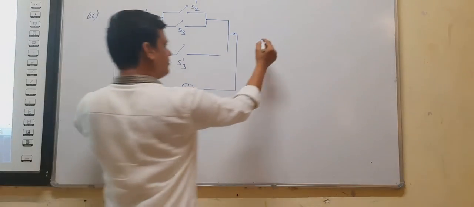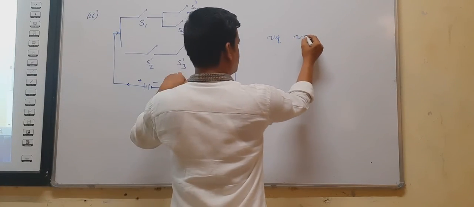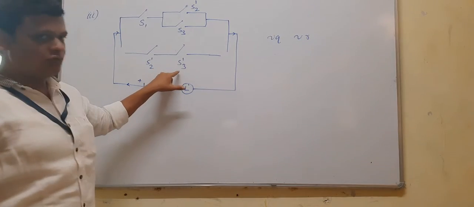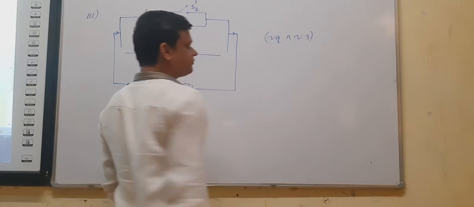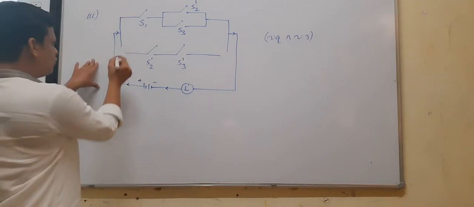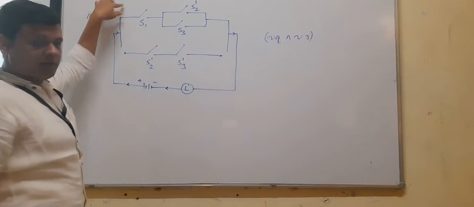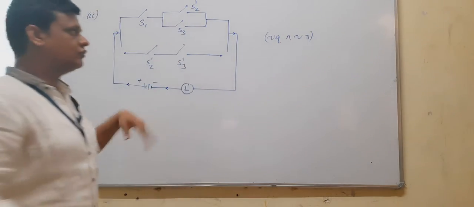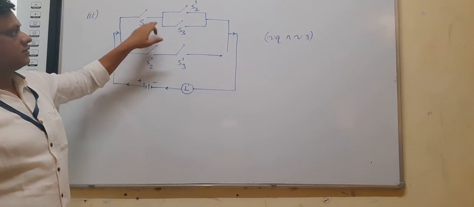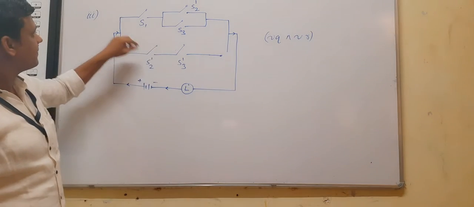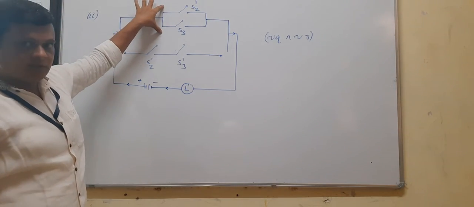S2 dash means negation of Q, S3 dash means negation of R. These two switches are in series combination, so we write AND, and this circuit is in parallel with this circuit, so we write the symbolic form for the upper circuit. S1 is in series combination with this circuit.